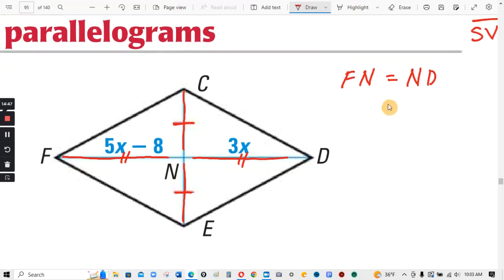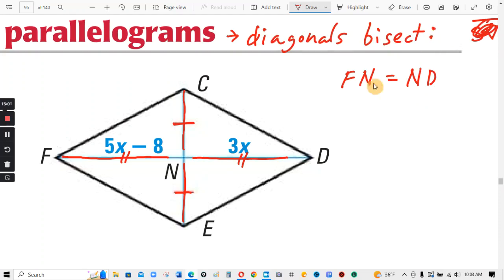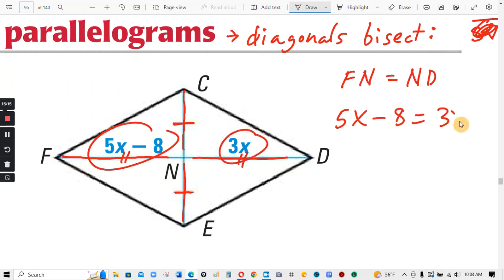What we're doing here is making the diagonals bisect each other. So FN equals ND. FN is 5x minus 8. ND is 3x. And now it's easy solving for x. We want letters on one side, numbers on the other.